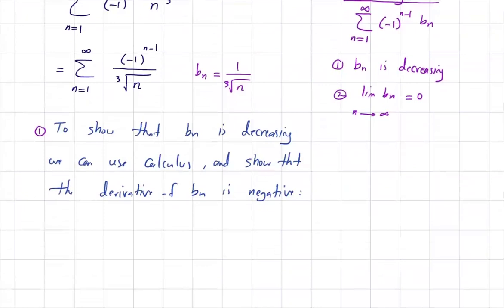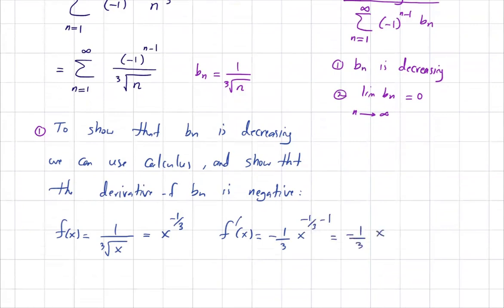For simplicity, let's take f of x to be 1 divided by the third root of x, or x to power negative a third. F prime of x is equal to negative a third, x to power negative a third minus 1, which gives you negative a third, x to power negative 4 divided by 3. So f prime of x can be written as -1 divided by 3 times the third root of x to the 4th.